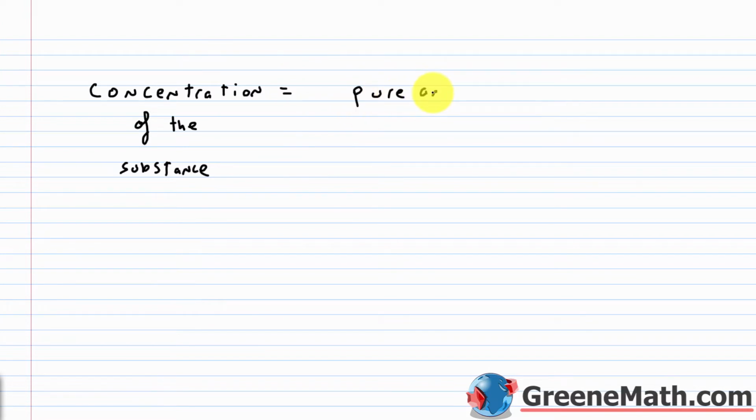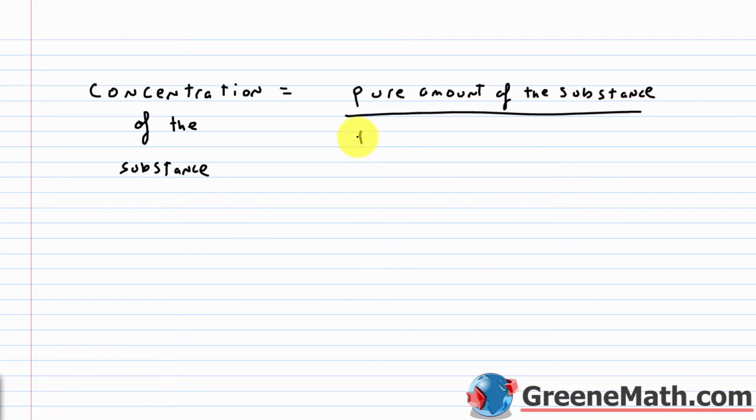If you want the concentration of a substance, this would be equal to the pure amount of the substance, and this is over or divided by the total amount of the mixture.